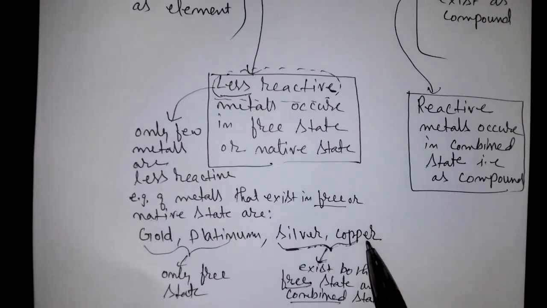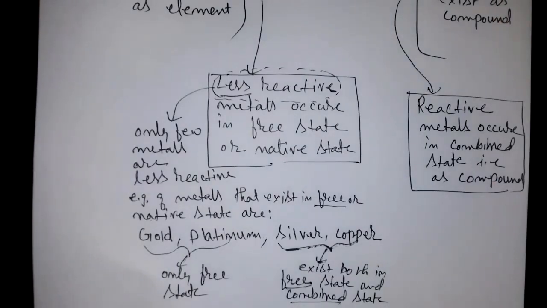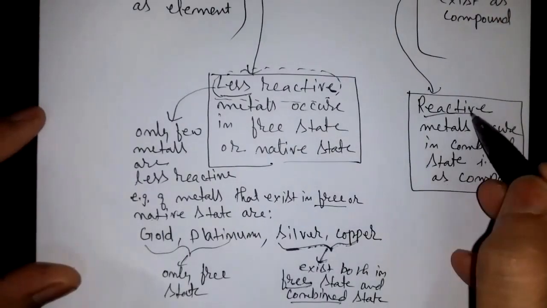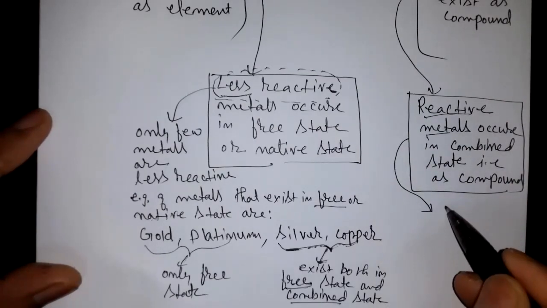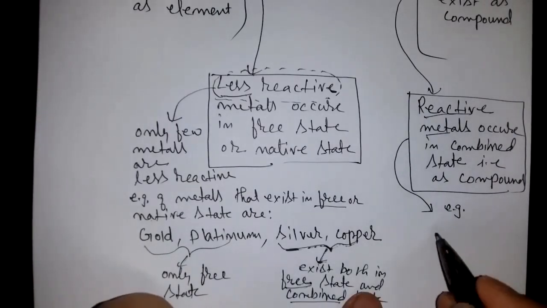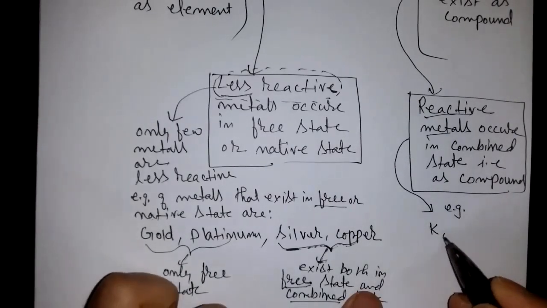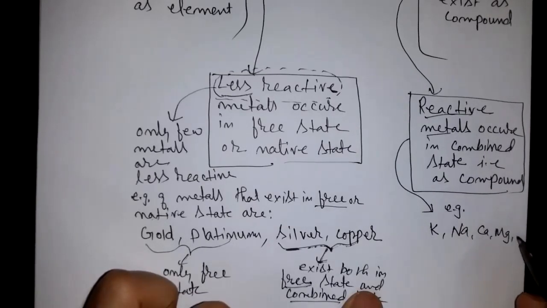Now the metals which are above copper always exist as combined state. So if you're thinking to give an example of metals which are reactive, we can write any metal which is above copper, or from the top of the reactivity series, some metal you can just write sodium or potassium, sodium, calcium, magnesium, aluminium.